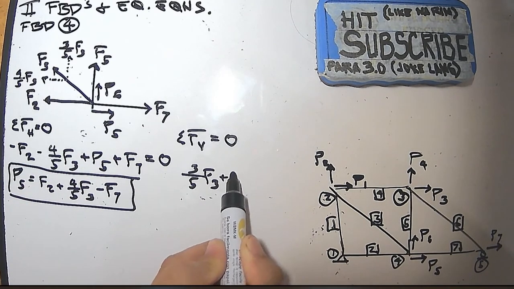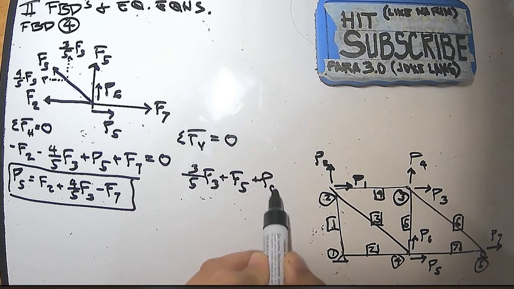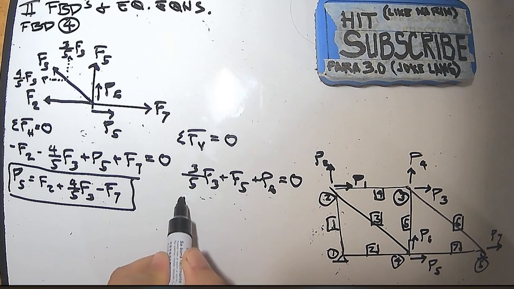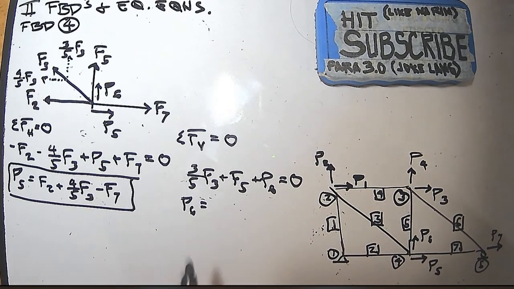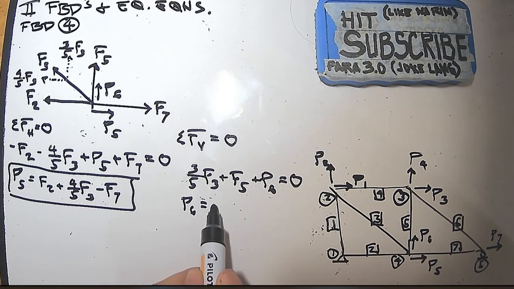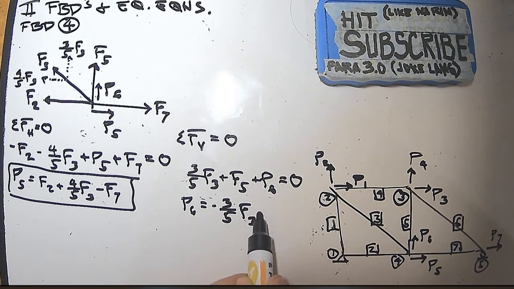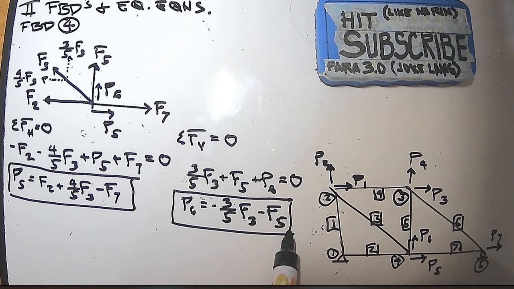Plus F5 plus P6 is equal to 0. So, i-isolate natin si P6. Becomes now, P6 is equal to minus 3/5 of F3 minus F5. Yan ang kailangan natin.